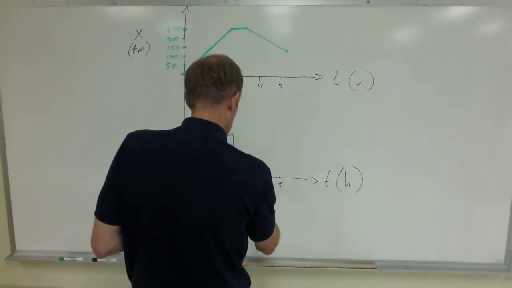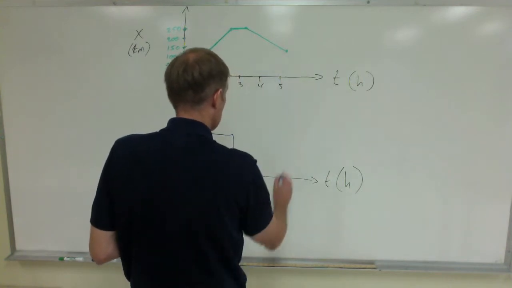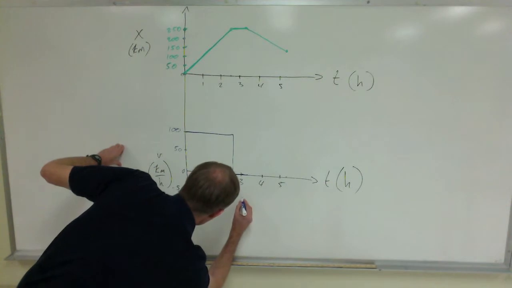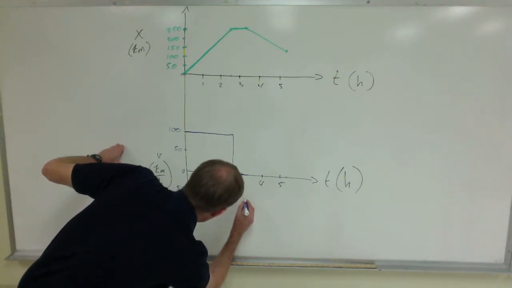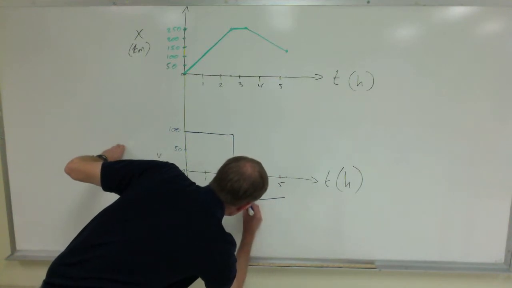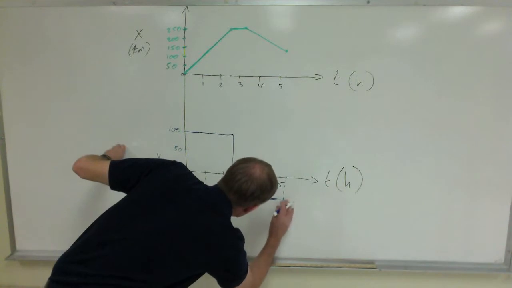All right, so this is from 3.25 hours to 5.25 hours, and right below these numbers. And it's down here. Whoopsies, that should be a straight horizontal line coming right below that.